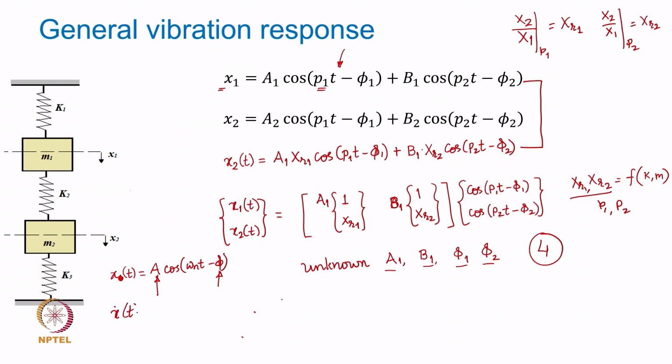You found out the expression for the velocity and the initial conditions x at t equal to 0 and x dot at t equal to 0. You use them as x naught and v naught, by using the 2 expressions, displacement and velocity, and we will do the same thing here. We will now get the expressions for x1 dot and x2 dot, and then what is the initial displacement and velocity given to the mass m1, and what is the initial displacement and velocity given to mass m2.